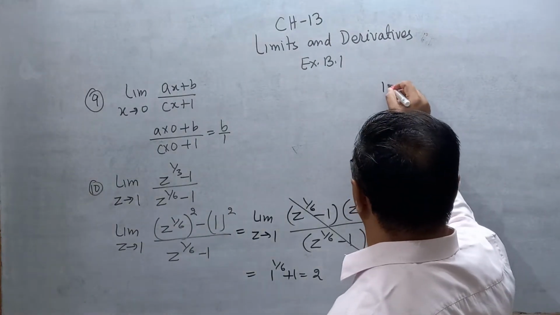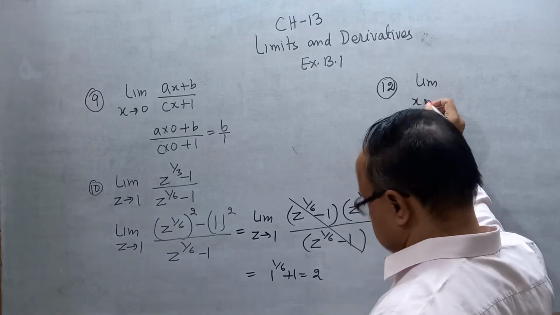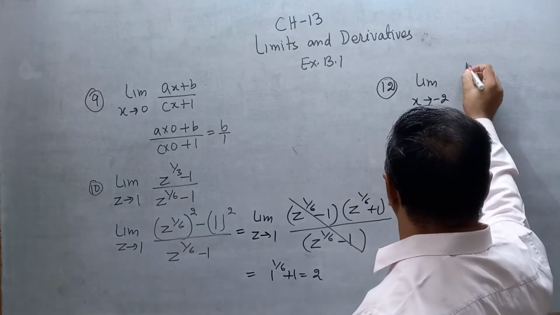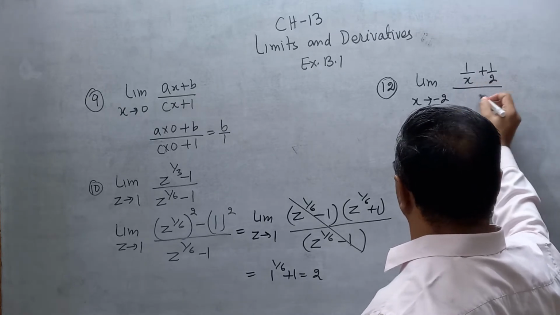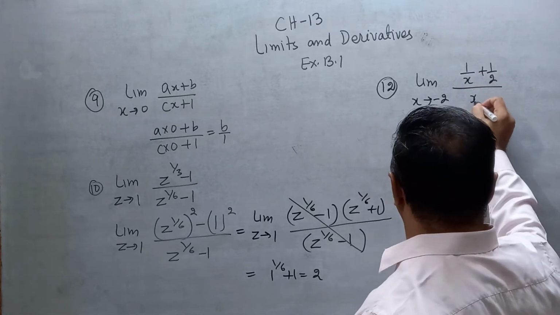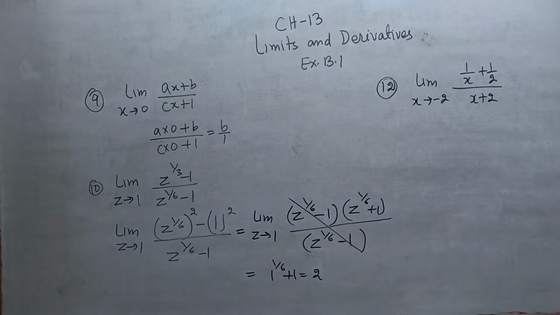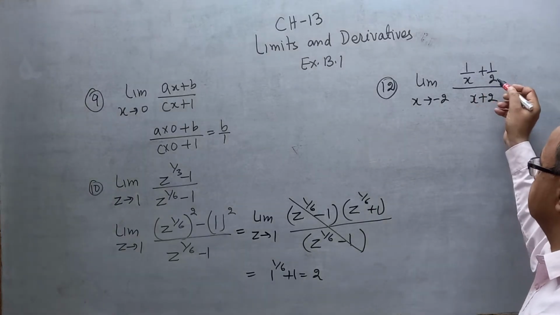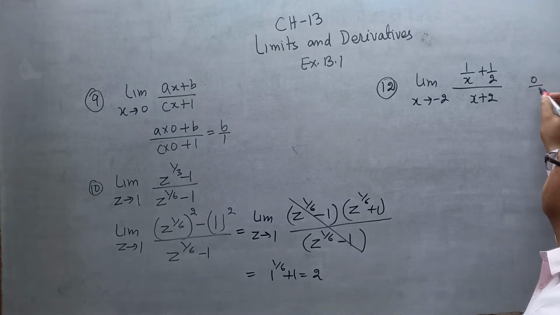Question number 12. Limit x approaches minus 2, (1 by x plus 1 by 2) divided by (x plus 2). If I put the value of x directly, then it becomes 0 by 0 form: minus 1 by 2 plus 1 by 2 is 0, minus 2 plus 2 is 0.